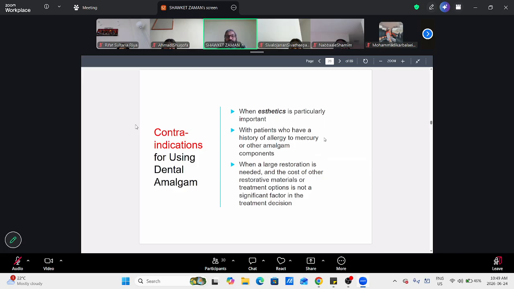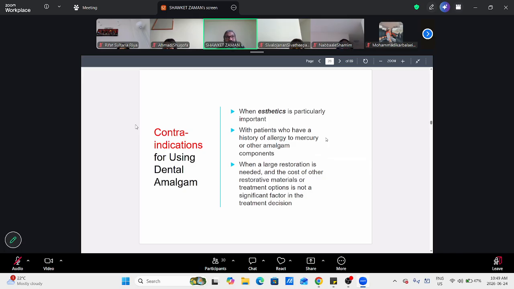Patients who have a history of allergy to mercury or an allergy to any kind of silver, tin, copper, nickel, because sometimes people are allergic to nickel or to tin.